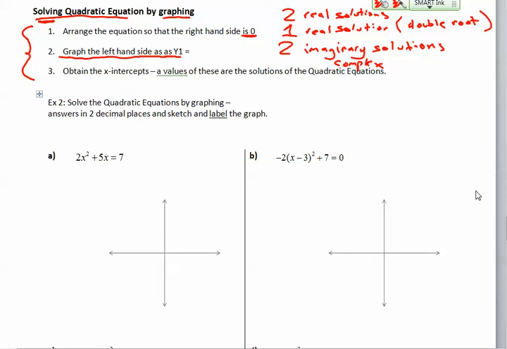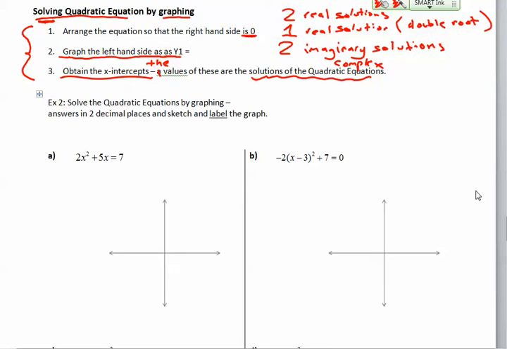And then number 3, we're going to obtain the x-intercepts. And the values of these are the solutions of your quadratic equations. So this is really straightforward. I move everything over to one side of the 0. I graph it, and then I find the x-intercepts, and that's my solution right there.